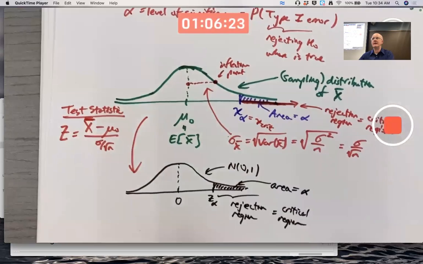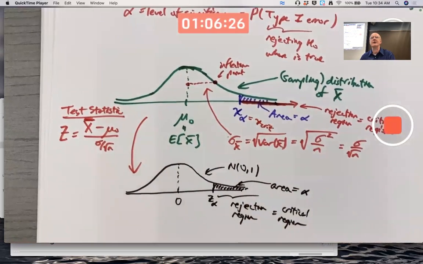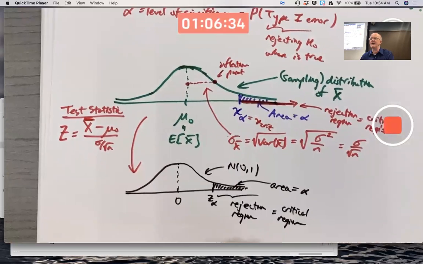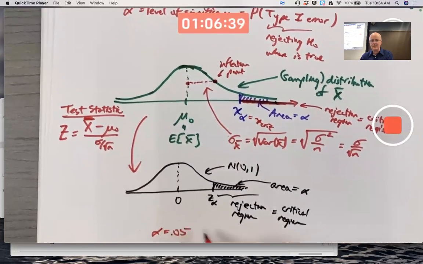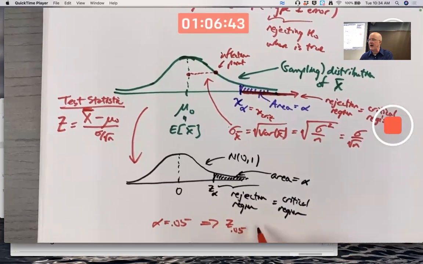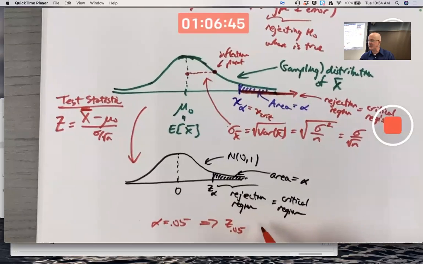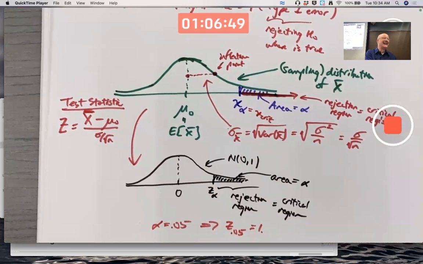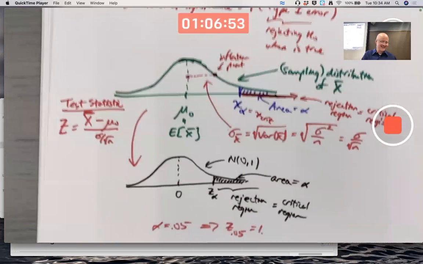But the test statistic we typically talk about using is after you convert it to Z. When we think about the rejection region in terms of Z, for example, if alpha is 0.05, Z sub alpha is Z sub 0.05, that should be 1.645 if memory is serving me correct. Let's use technology.